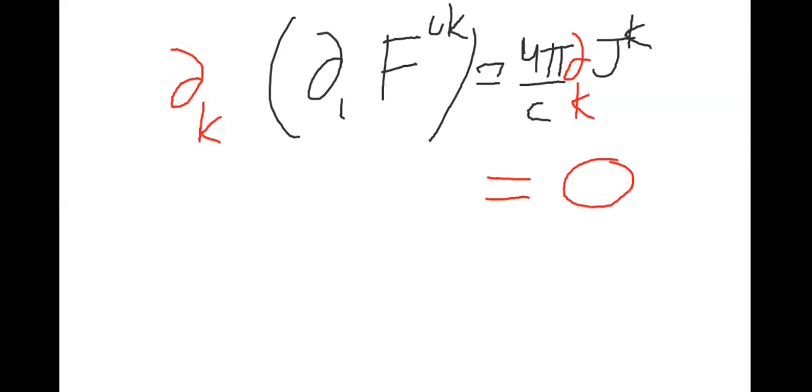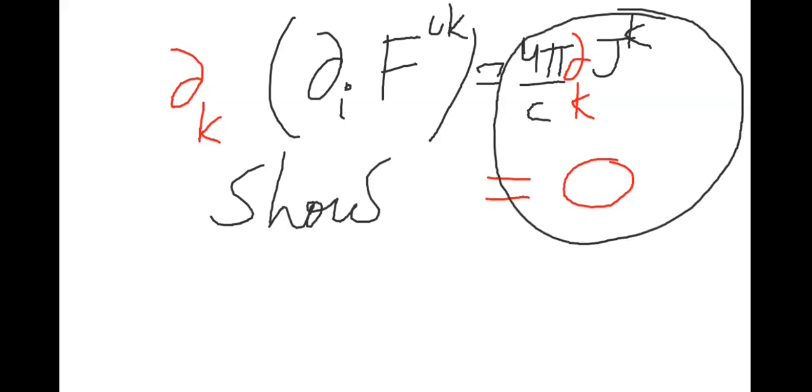Now, if it can be 0, then this would establish that this thing is 0 and this thing is nothing but the statement for the conservation of charge. So it is like del_k j^k is equal to 0. So we have obtained the conservation of charge from the action principle.